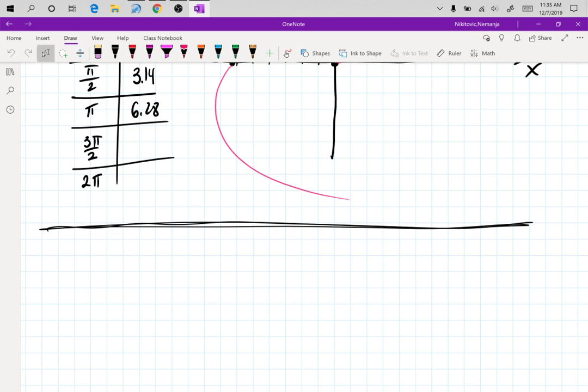How about if you add some stuff, plus cosine theta? I'm just making up anything. Right?